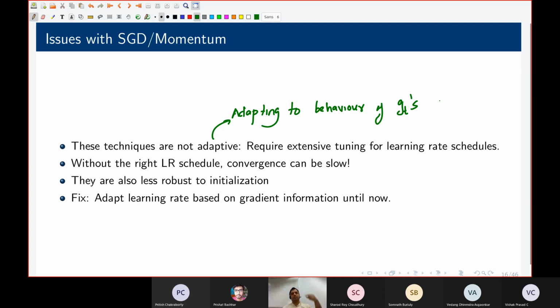That we looked at, the fact that I don't want to overshoot my minimum. Okay, so without the right learning rate schedule, you can have a nightmarish time converging at all. So the fix now we'll discuss. This is where we are going to look at slightly non-trivial updates. Is adapt the learning rate based on gradient information until now. Okay, so that means you're looking at g t minus 1 and so on.